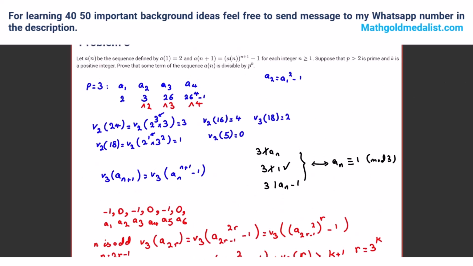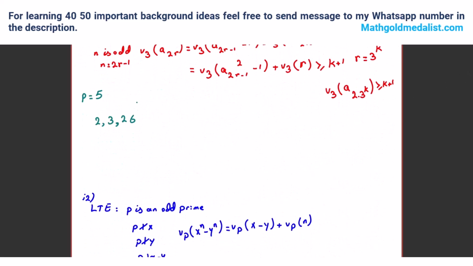And if we consider these numbers mod 5, we can write 2, 3, 26 is 1: A1, A2, A3. Next one is what? 1 to the power of 4 minus 1, 0. Next one is A5: 0 to the power of 5 minus 1, negative 1.